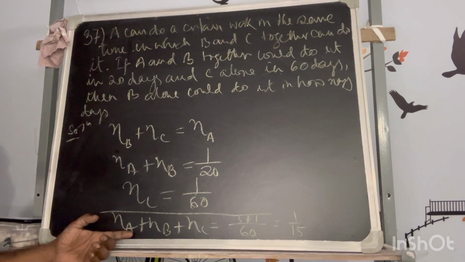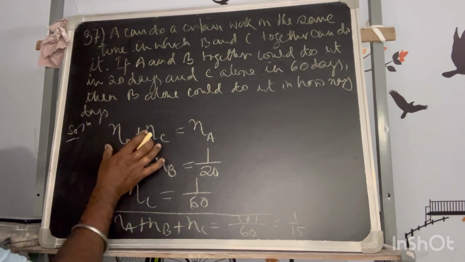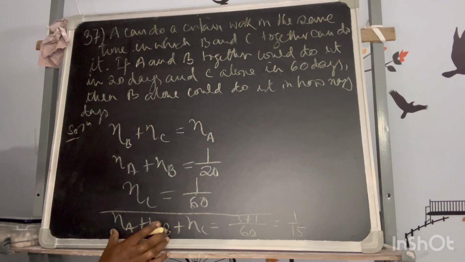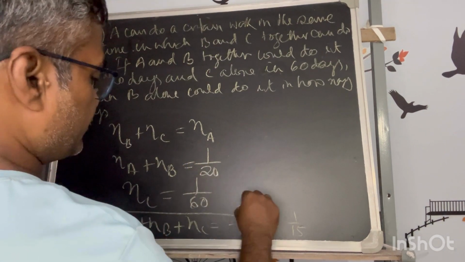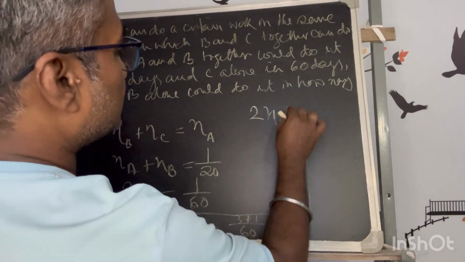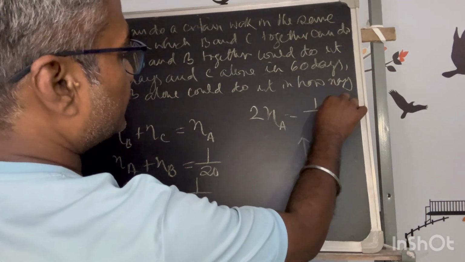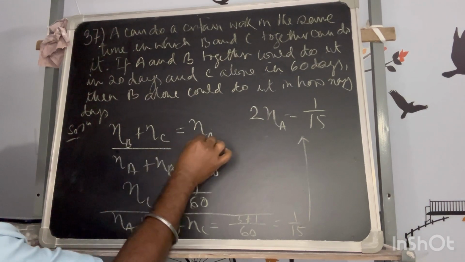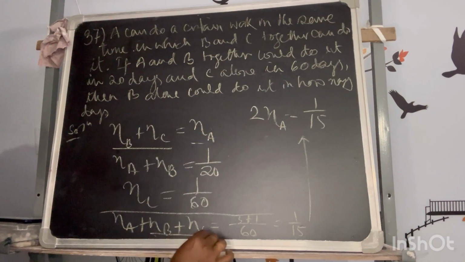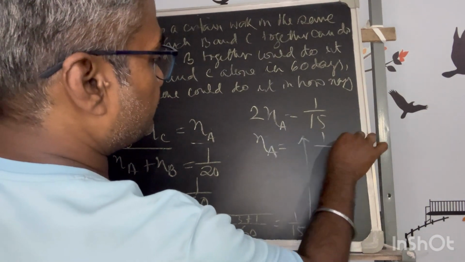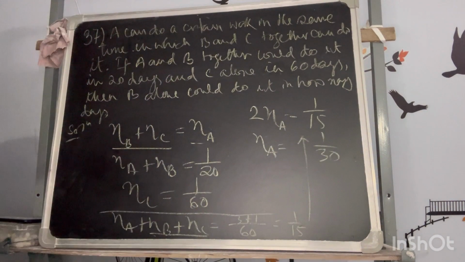So all together is 1 by 15. Now since B plus C equals A, twice the efficiency of A is equal to 1 upon 15. So efficiency of A is equal to 1 by 30.